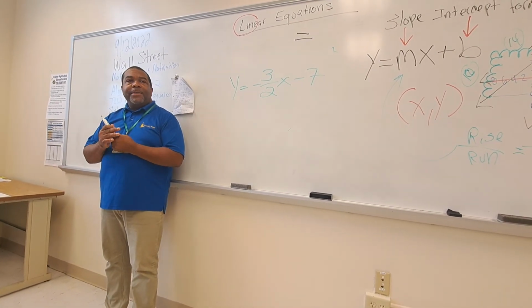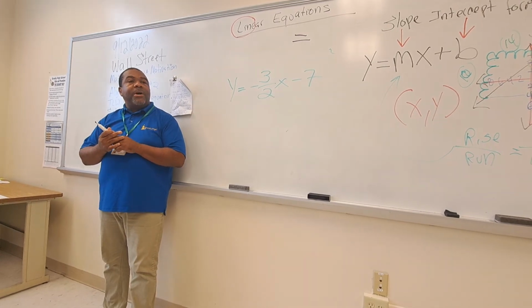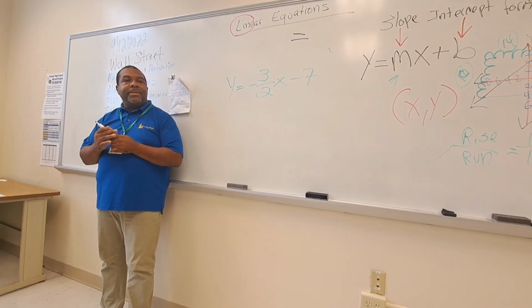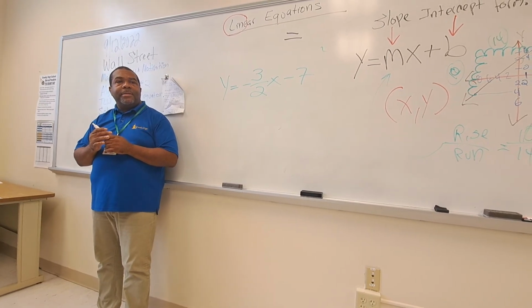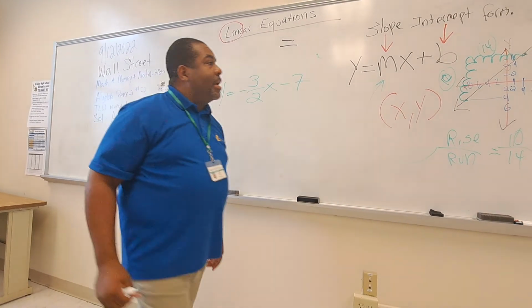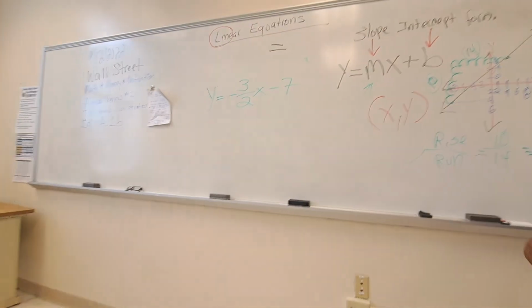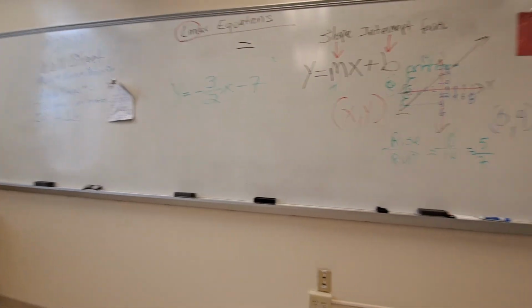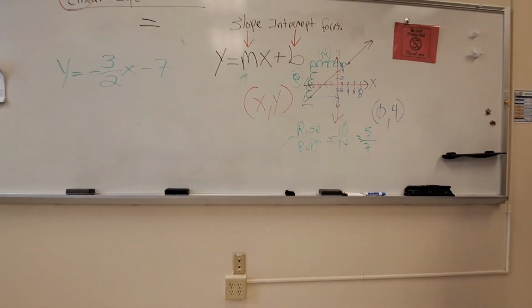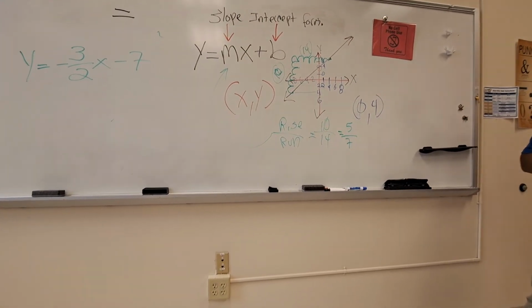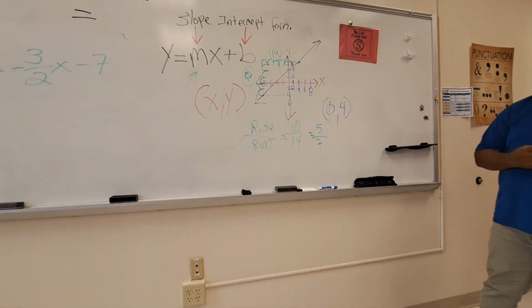All right, Torrin, what's our y-intercept? -7. And Brian, what's our slope value? Say it again. -7. That's the y-intercept. What's our slope value?